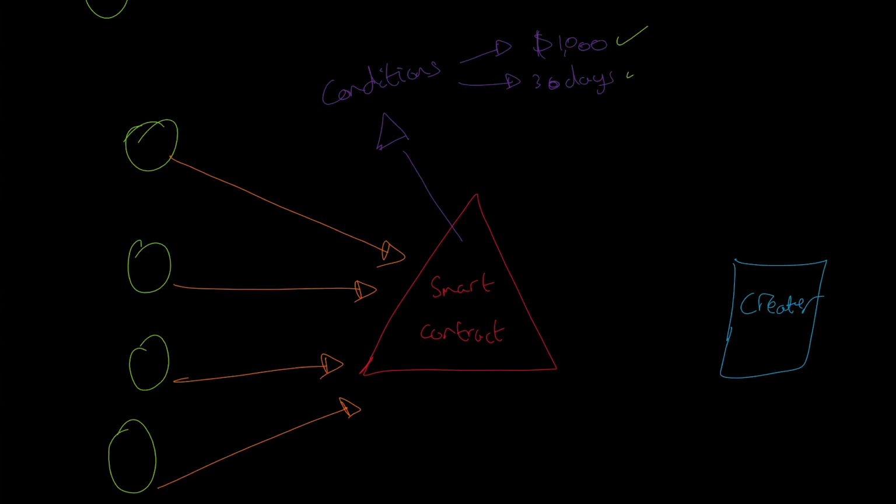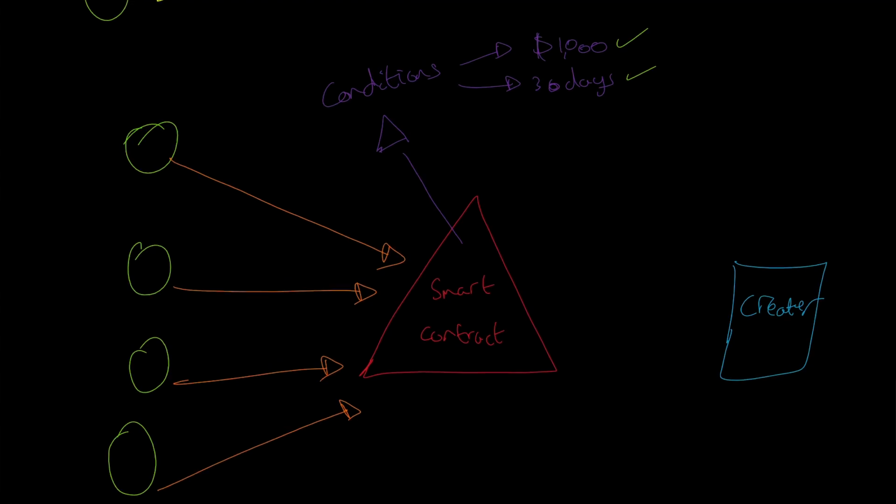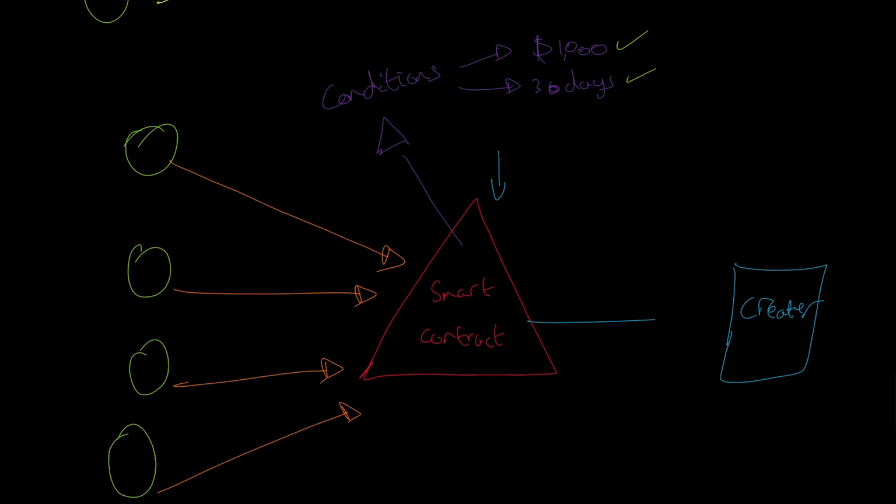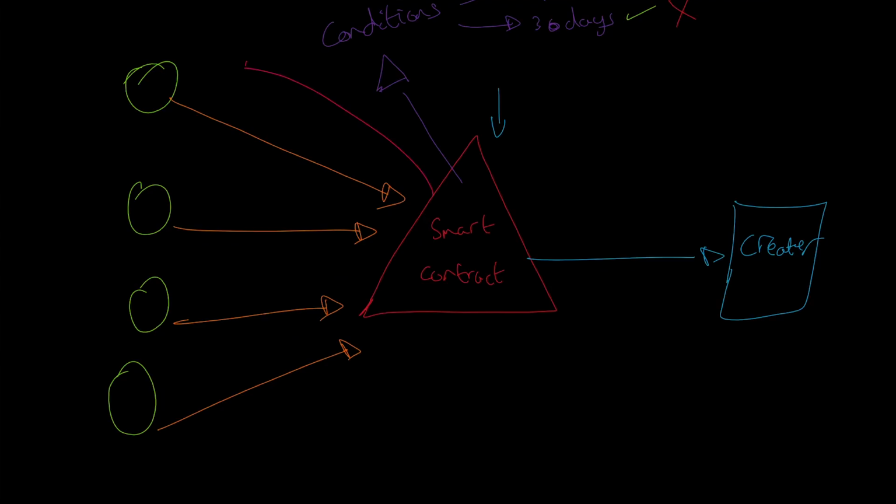If both of these conditions are met, the smart contract automatically, without any human interaction on this side, releases the funds to the creator. If, for example, one of these conditions is not met, maybe they didn't raise enough money in the allocated time, then the money will be returned back to the seller.